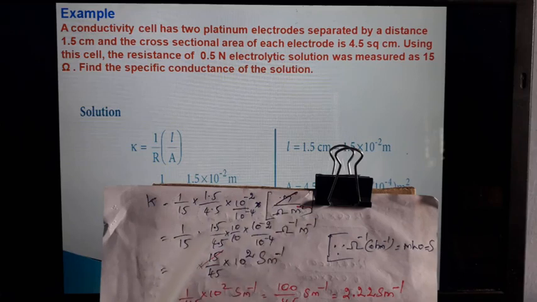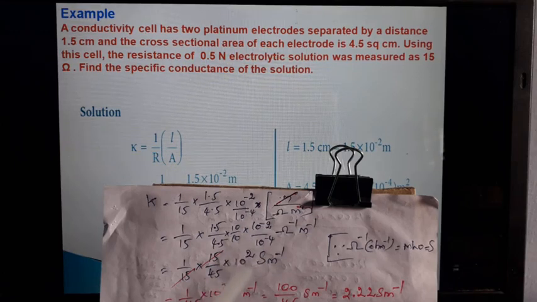Now 1 by 15 into 1.5 divided by 4.5, I remove the decimal point, into 10 to the power of minus 2 divided by 10 to the power of minus 4. Cancel the meter square, leaving ohm inverse meter inverse. So 1 by 15 into 15 divided by 45 into 10 to the power of plus, bringing the denominator to the numerator: minus 2 and plus 4 is 2.